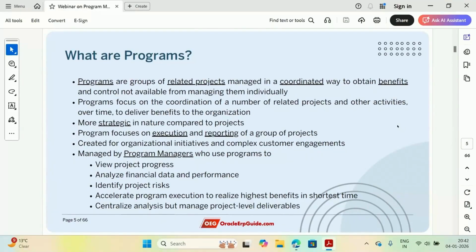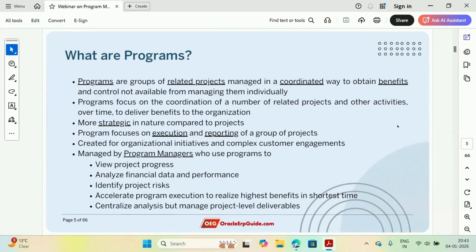Now, these programs are created for organizational level big initiatives or very complex customer engagements, because they want to know the health of the overall program. There may be some projects under that program, some are on track, some are at risk, some are successful, but what the health is at the overall program level is also important.